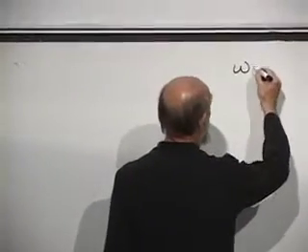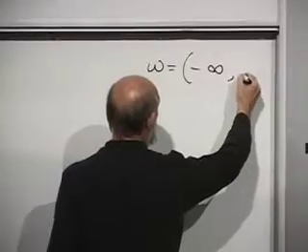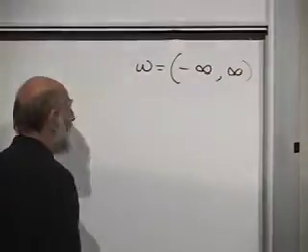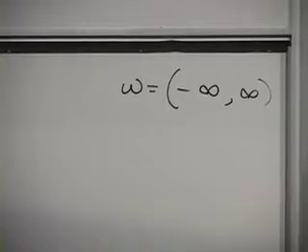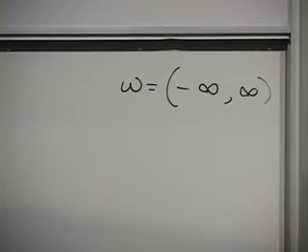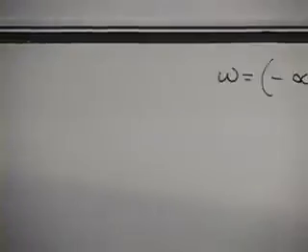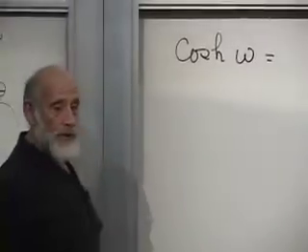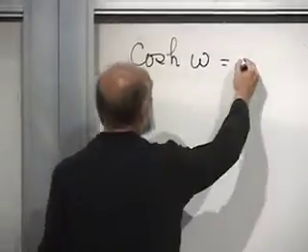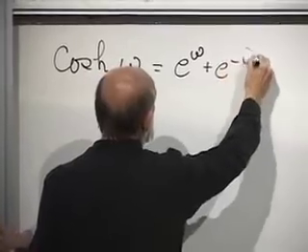It goes from minus infinity to infinity. So it's a variable that just extends over the entire real axis. But it's defined in a manner fairly similar to cosine and sine. Cosh omega is by definition, you're not allowed to ask why, this is a definition, e to the omega plus e to the minus omega over 2.